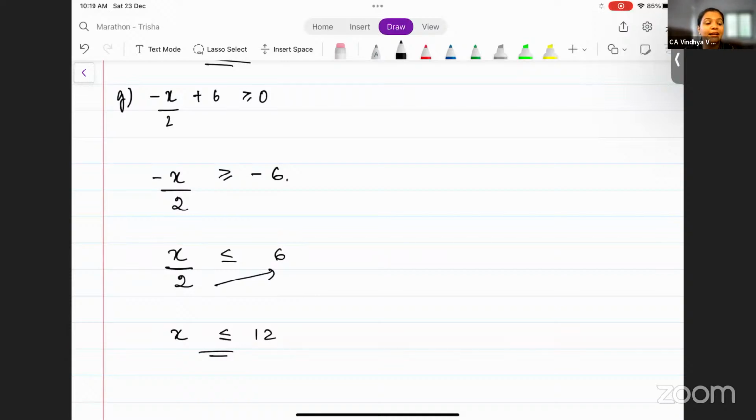So the inequality will change only when you multiply a negative value from one side to the other, that is, when you shift a negative value from one side to the other, either by multiplication or by division. Okay, I hope this is clear.